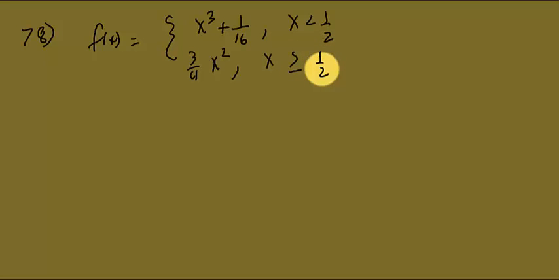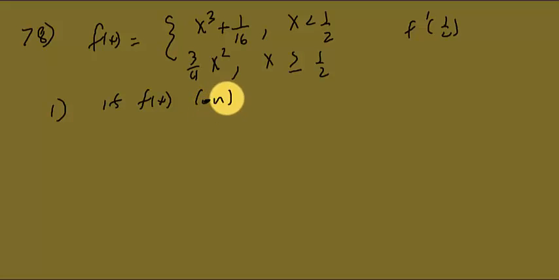Now they ask me if this is differentiable at x equal to 1/2. If it is differentiable, that means I can take a derivative, so I need to be able to find the derivative at 1/2. So if it is, then I've got to find f prime of 1/2. First, I've got to check for continuity. Is f of x continuous at x equal to 1/2?